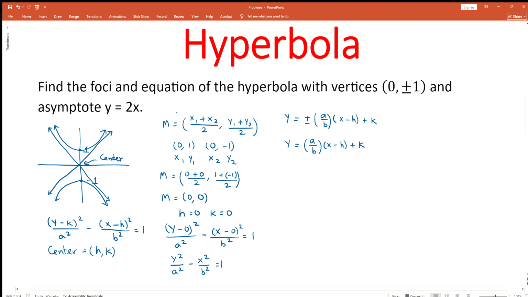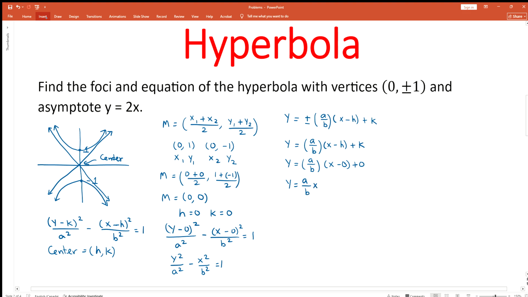We know that h is equal to 0 and k is equal to 0. X minus 0 is equal to x. This is the general equation of the asymptote.